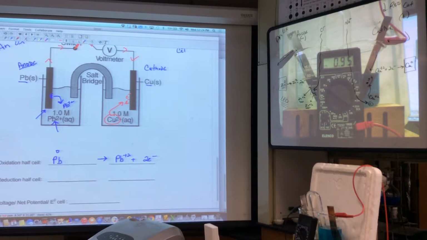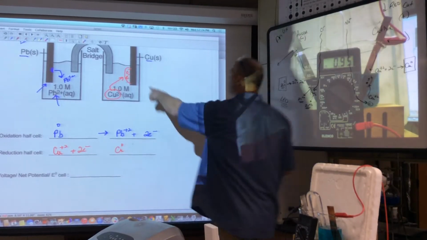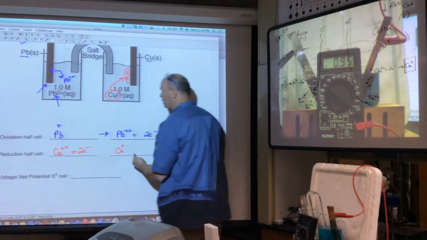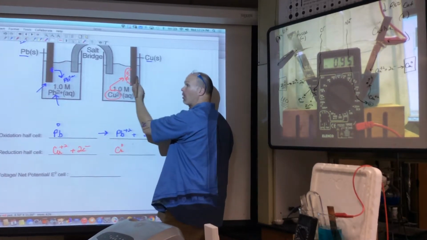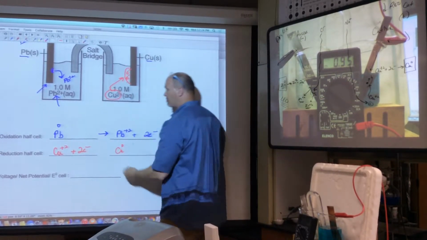Here's our reduction half cell: copper plus 2 absorbs the 2 electrons that the lead lost and becomes Cu 0, which means it made solid copper. And you should get this. The copper gets bigger. The ions come out of solution, it becomes less blue, and this gets bigger. The mass of the cathode gets bigger.